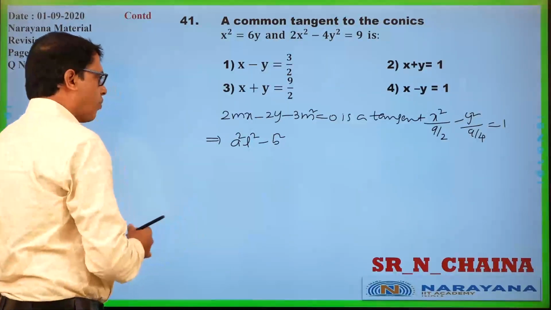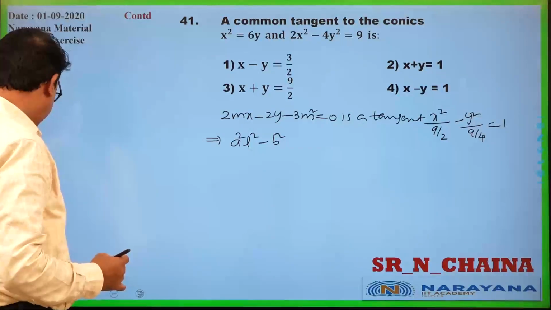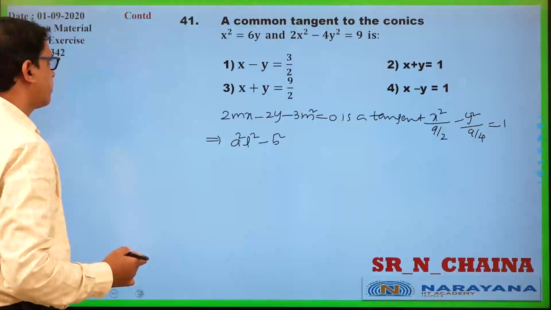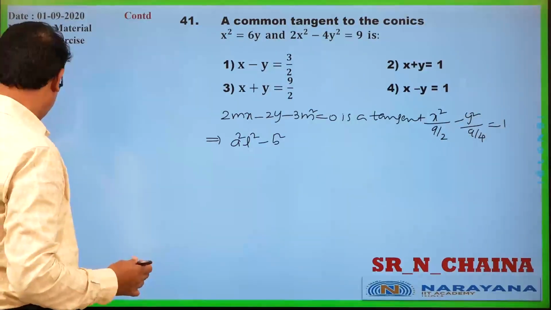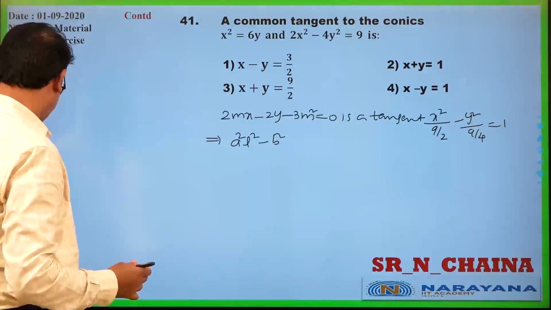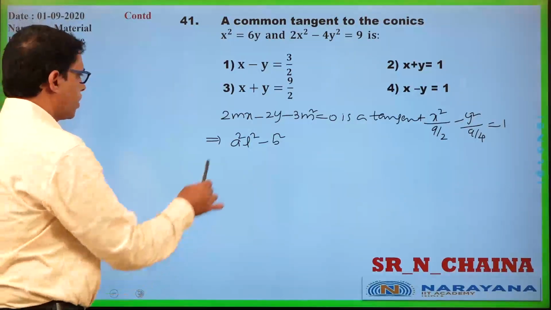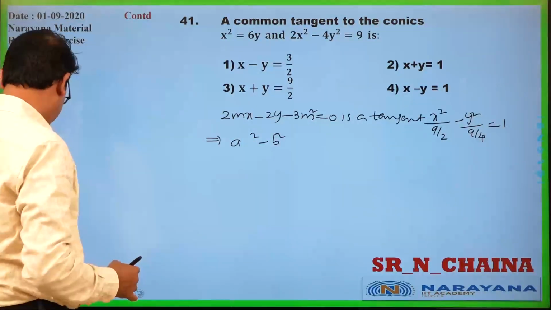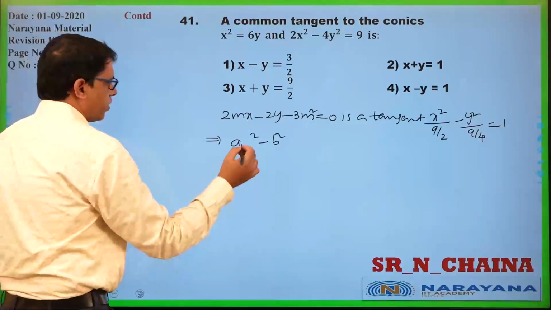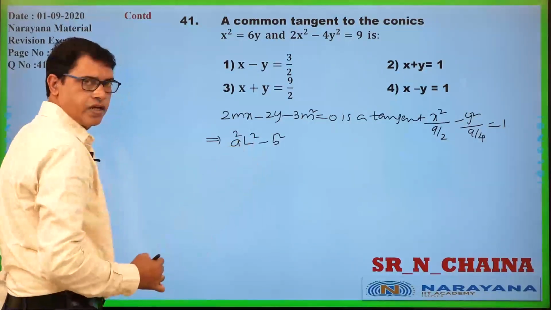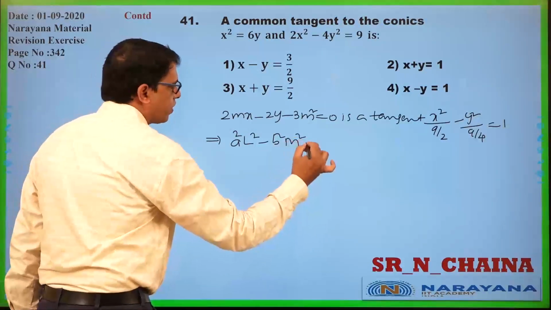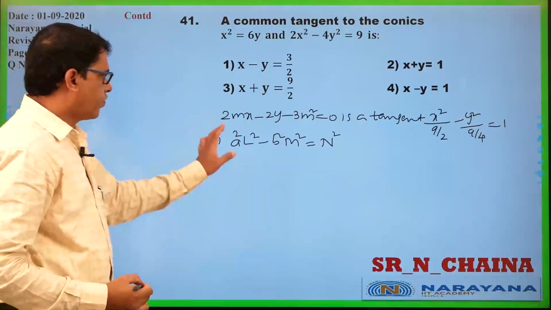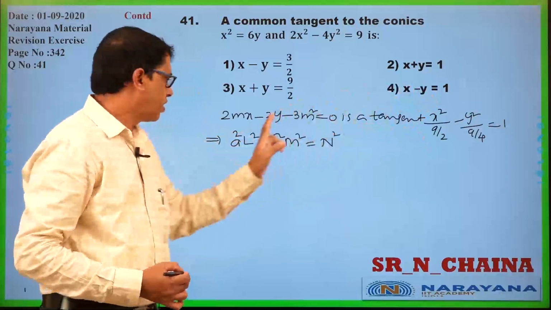Better you take the capital so that there will be no confusion. Here take capital A square L square minus b square m square equal to n square. Okay? If this line is a tangent to the hyperbola, then this is the condition.